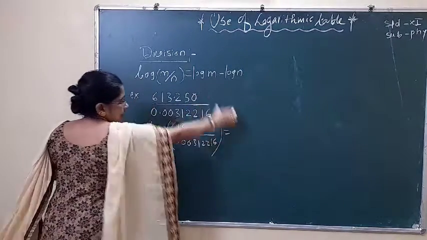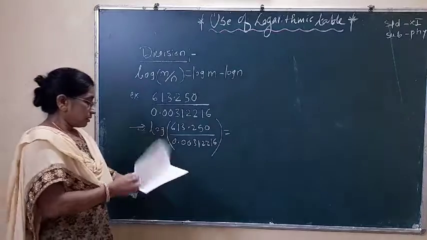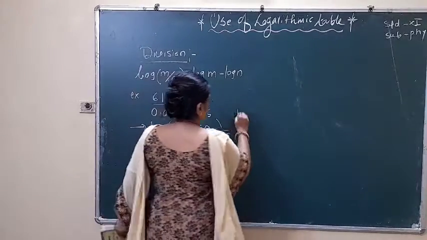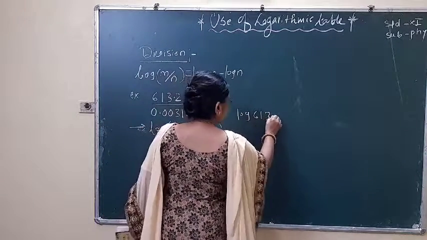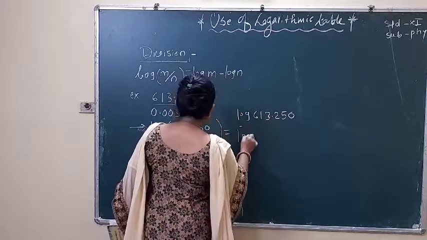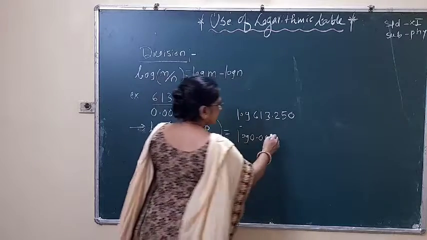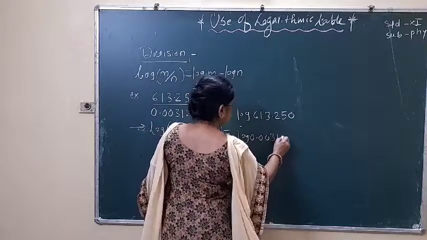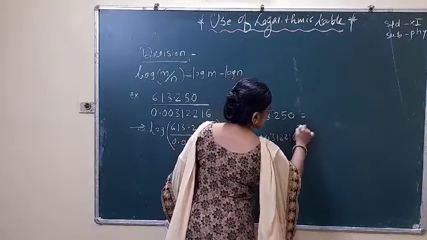Writing in vertical form: log of 613.250 minus log of 0.0312216. Subtraction.